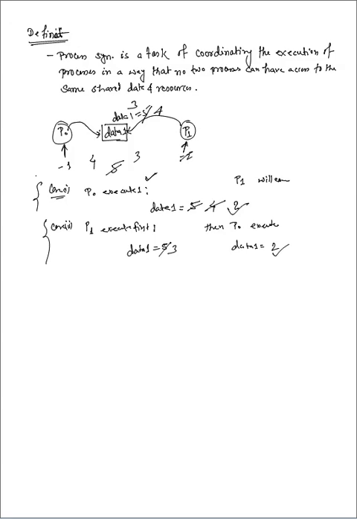So there might be a possibility that the execution of such code is not possible in an atomic manner. What the atomic manner is, we are going to see after some time. So basically what I want to say is that it is a task of coordinating the execution of processes so that at the same time shared data or shared resources will not be used by more than one process, right?